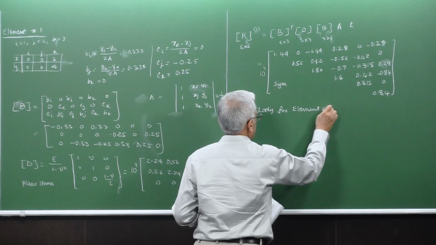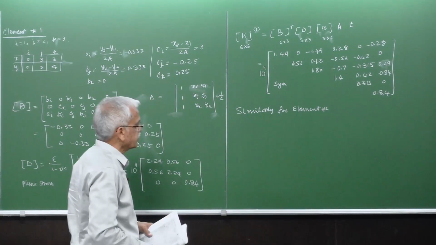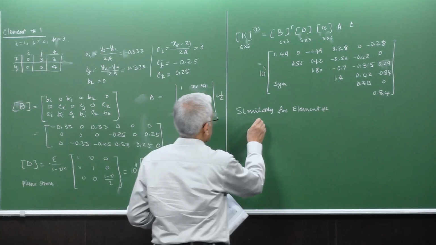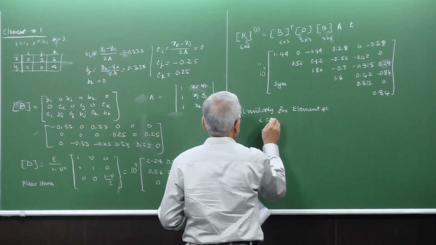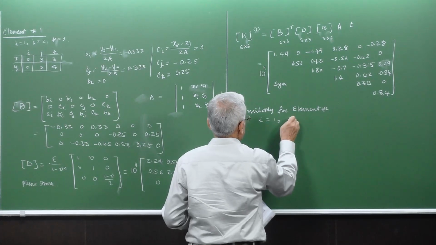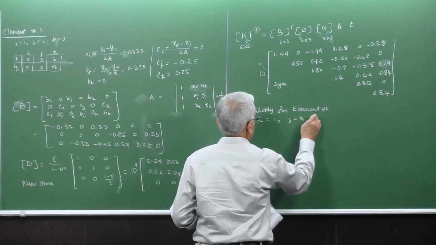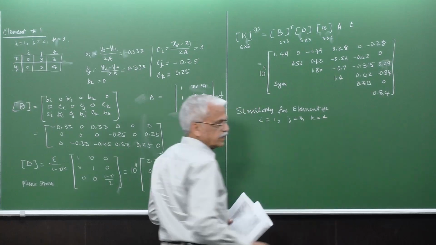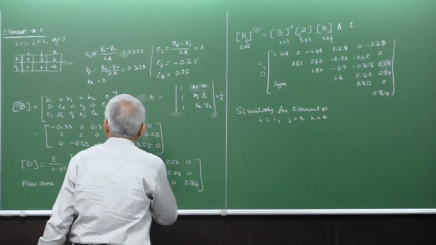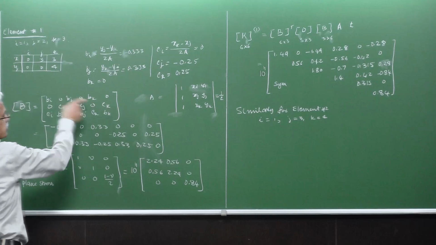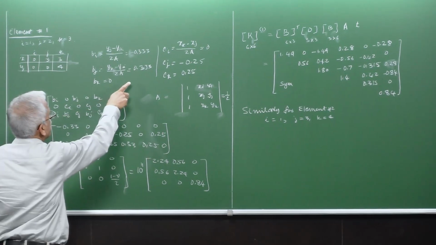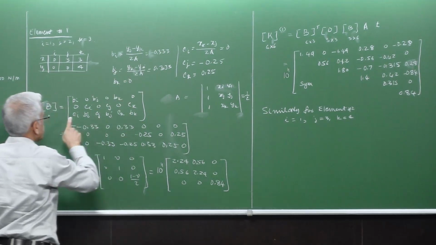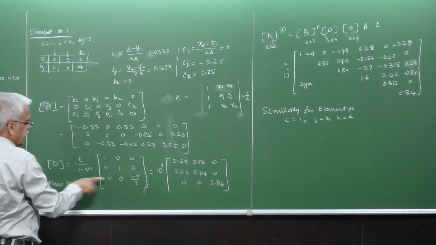Element number 2, I think I'll leave it as an exercise here. So here the IJK are 1, 3, 4. These are the node numbers. And then you go through the same procedure. You write down the XY coordinates of 1, 3, 4 and calculate BI, BJ, BK and put it in this B, and D is the same.